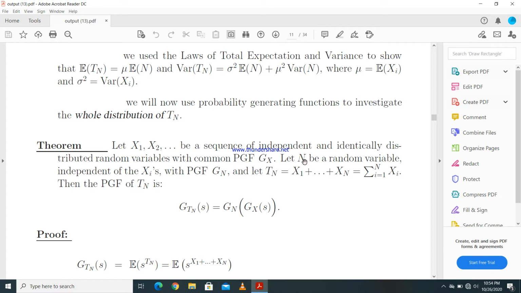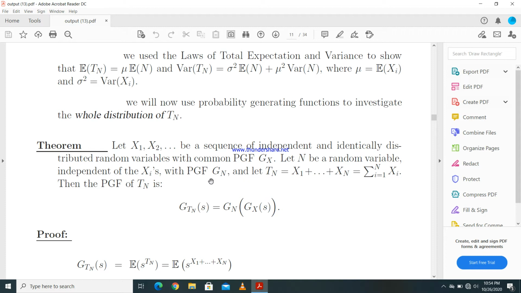Capital N is also a random variable, the number of customers. If you take TN as X1 plus X2 plus up to XN, then the probability generating function of TN is GTN(s) equal to GN(GX(s)).